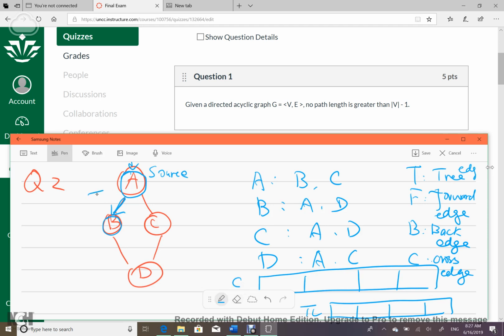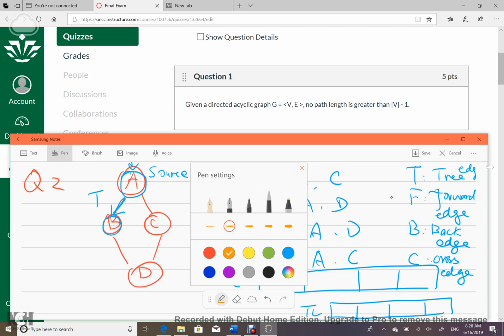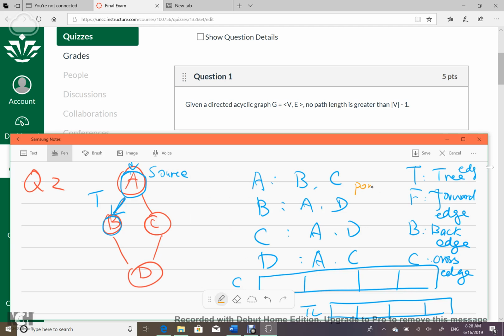The difference is that a forward edge points to a descendant, and a back edge points to an ancestor.